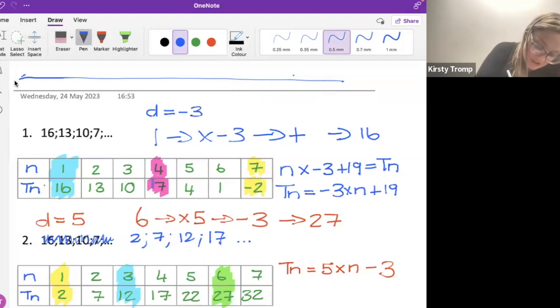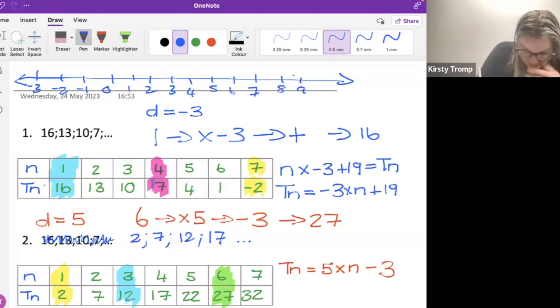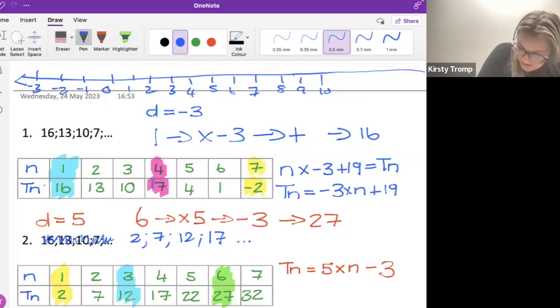So I draw a number line: -3, -2, -1, 0, 1, 2, 3, 4, 5, 6, 7, 8, 9, 10, 11, 12, 13, 14, 15, 16.